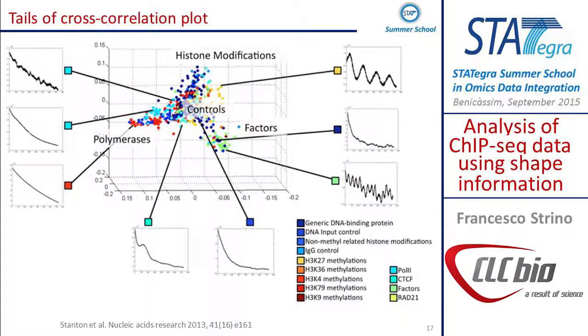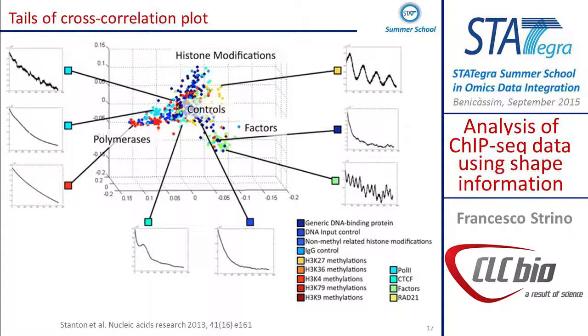That's just to show that's not the only thing you can do with cross-correlation plots. If you just look at the tails of the plot, you can distinguish some of the main features of what the protein is actually doing. In this picture, we took all the profiles and cataloged them by the different biological function that they have.